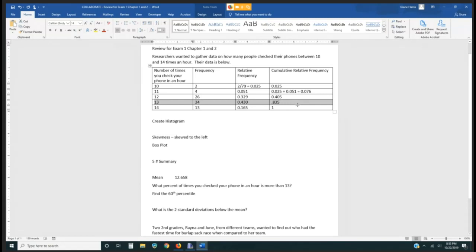It does not include 13. So more than 13 would be this last section here. We look at the relative frequency and we convert that into a percent. So it'd be 16.5% of the time someone checked their phone more than 13 times an hour.